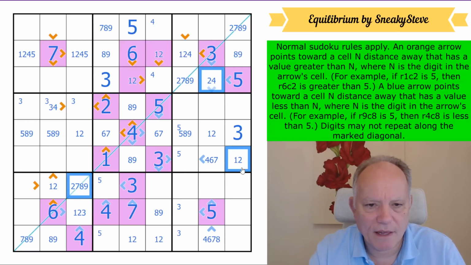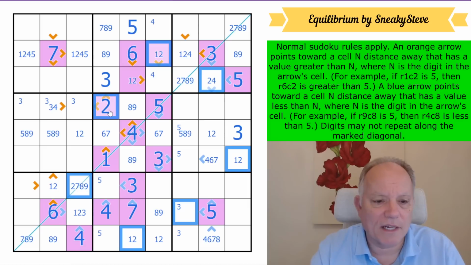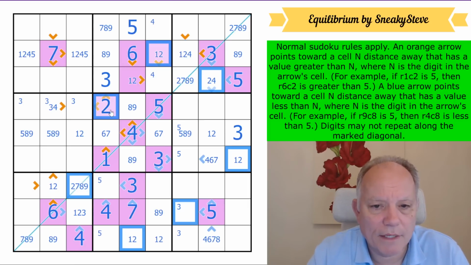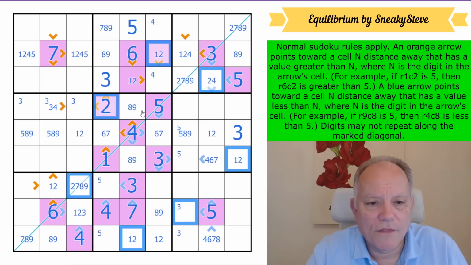They'd be there, there, there, here. Oh, it's quite interesting. They get propagated. We've already got one. Ah, perfect. Right. This is important. There'd be no 2 in row 5.